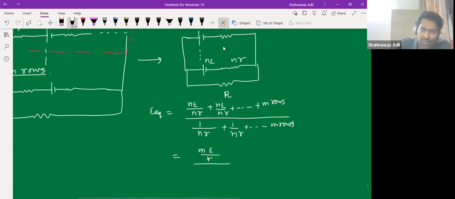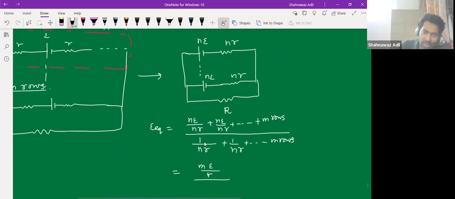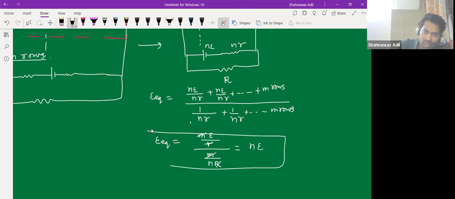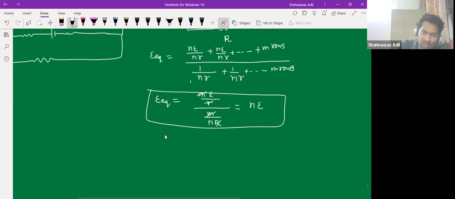Yeah, so 1 by NR, 1 by NR, so that would be how much? That would be M by NR, right? So M will cancel, R will cancel, and you will get how much? So this will be N. So that would be E equivalent, right? And R equivalent would be how much?